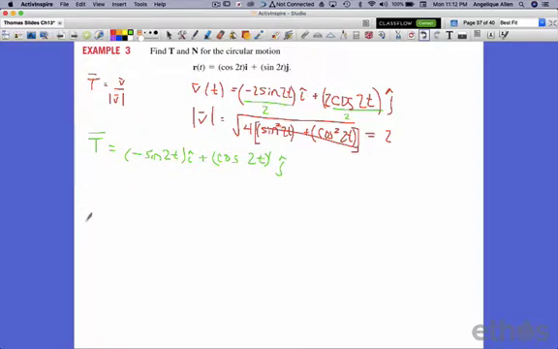So now we need T to get N. N is going to be 1 over the curvature, the magnitude of dT, and we could also write that as dT/dt divided by the magnitude of dT/dt.